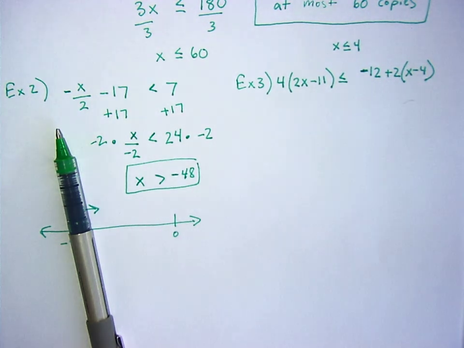Yeah, sure. 44 minus 12. No, because this number is bigger. Positive is bigger. 24. At 24, where it is.